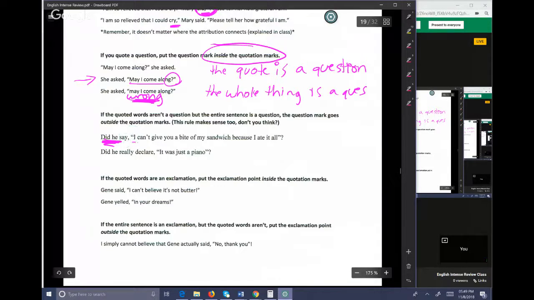This right here would always be capitalized even if it weren't I, because that's the beginning of the spoken sentence. And then here we want the question mark outside the quote, because if it's inside the quote, it goes with what was quoted. And in this case, that would not make sense because he didn't ask, he said something.